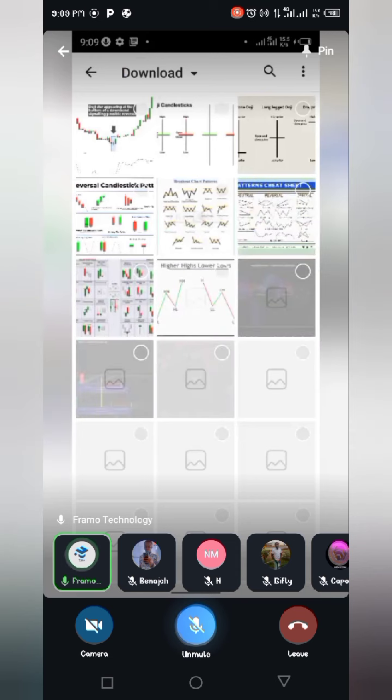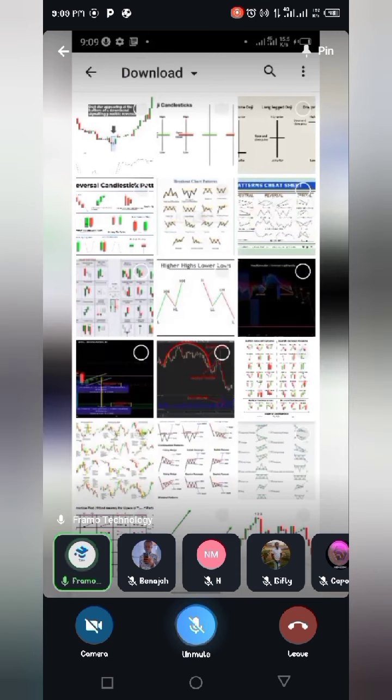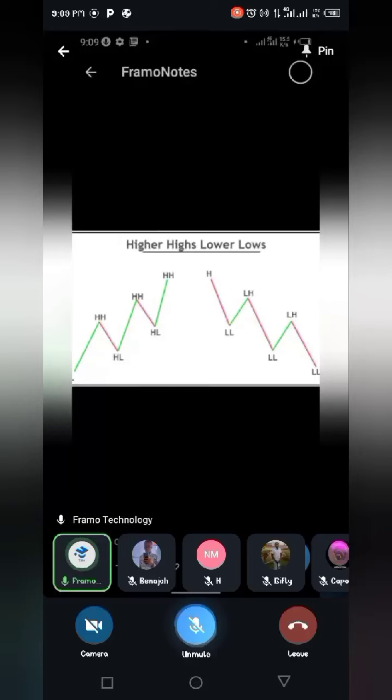Okay. Please, can you see this picture? The first one is an uptrend. So the H is what? Higher high. And the other one, higher low. It means the next high is higher than the previous high.